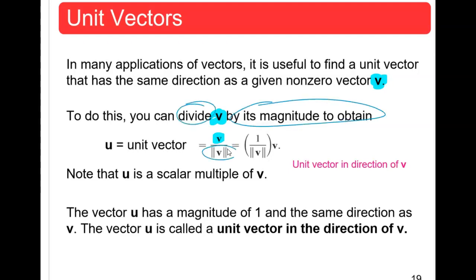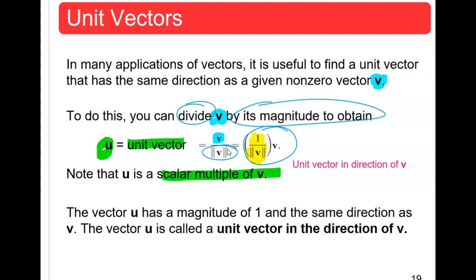As you could see here, we're dividing by the magnitude, and so with that we will be creating a constant that will be multiplied to the vector, or in other words, a scalar. So the unit vector u is a scalar multiple of vector v.